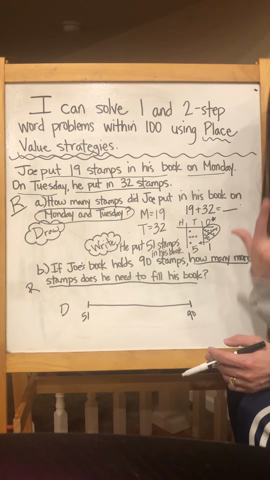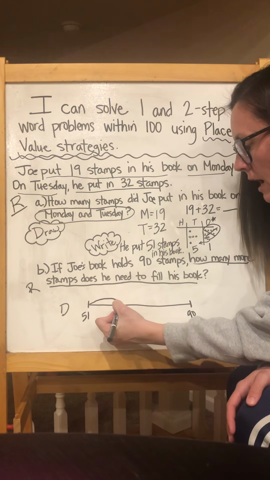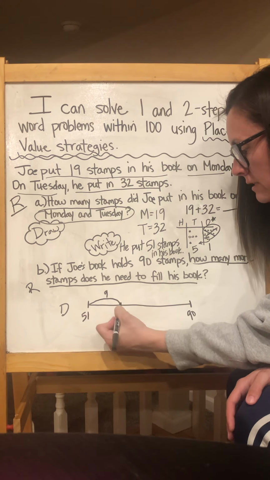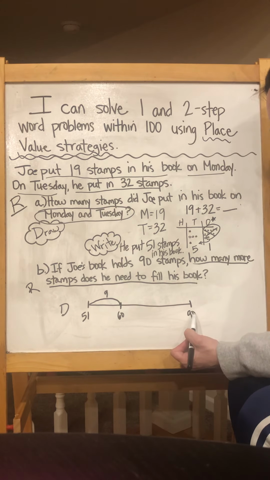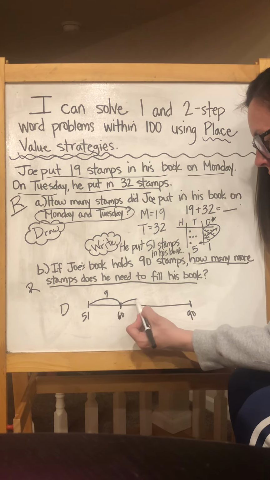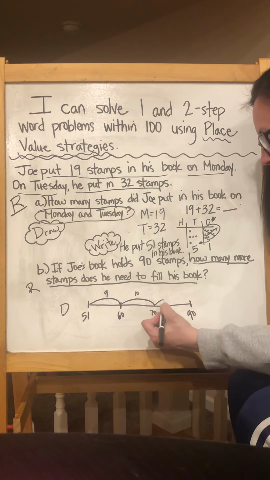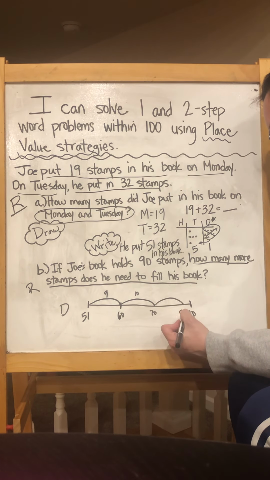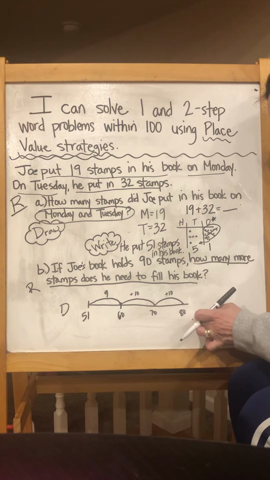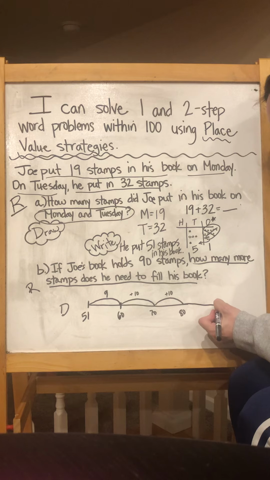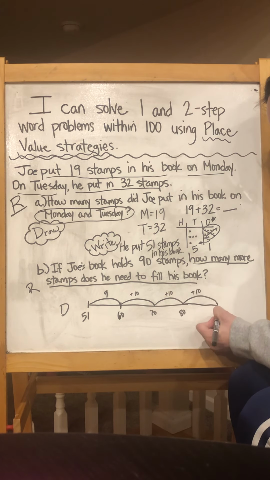So I'm going to think about my benchmark tens. And I know that from 51, I can jump 9 to get to my next ten, 60. From here, I'm going from 60 to 90. So 60, another 10 would be 70. Another 10 would be 80. And I need to adjust my number line here. And another 10 would be 90.